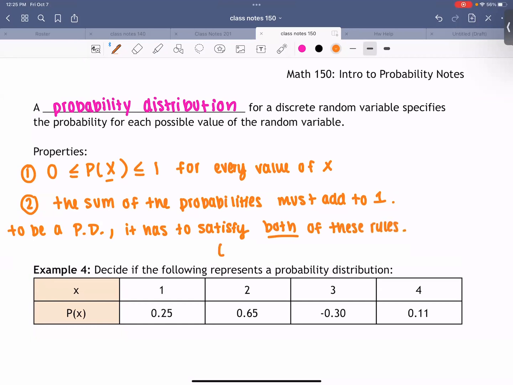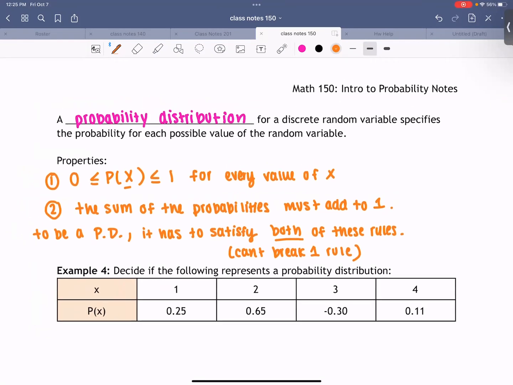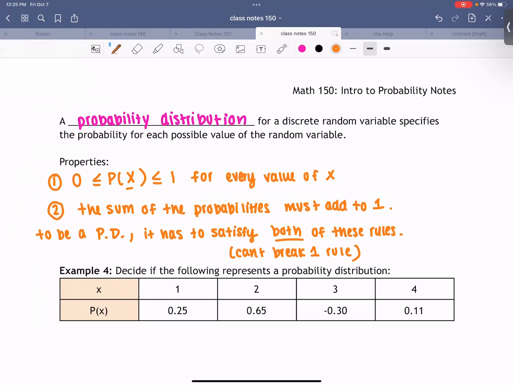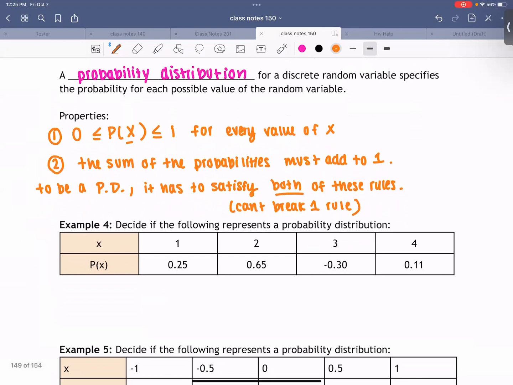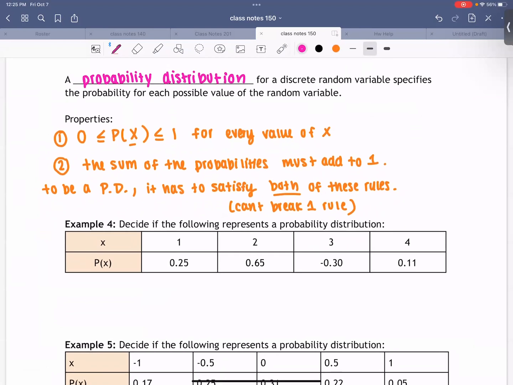In other words, you can't break one of the rules. I know that might sound intuitive to you, but for me, it's not very intuitive. And as I'm looking at this, it looks like a Dunkin' Donuts ad just from the colors. I didn't do that on purpose, I swear.